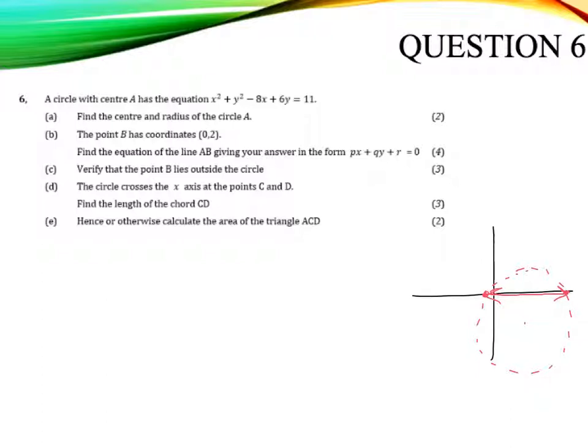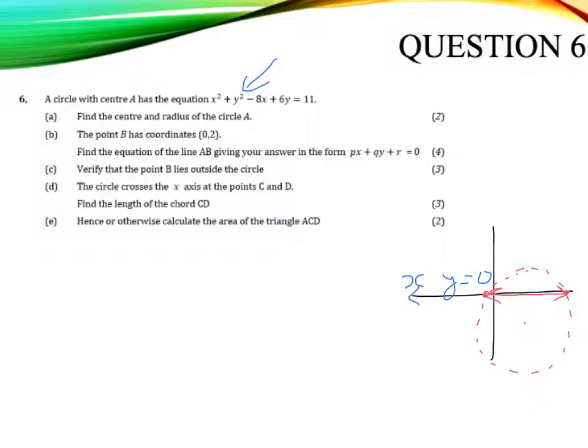Now, how are we going to work out what the coordinates are where the circle crosses the x-axis? Well, I'm hoping that you know that the x-axis is also known as y equals 0. That means we can substitute 0 into our equation of a circle and see if we can work out what the coordinates are.